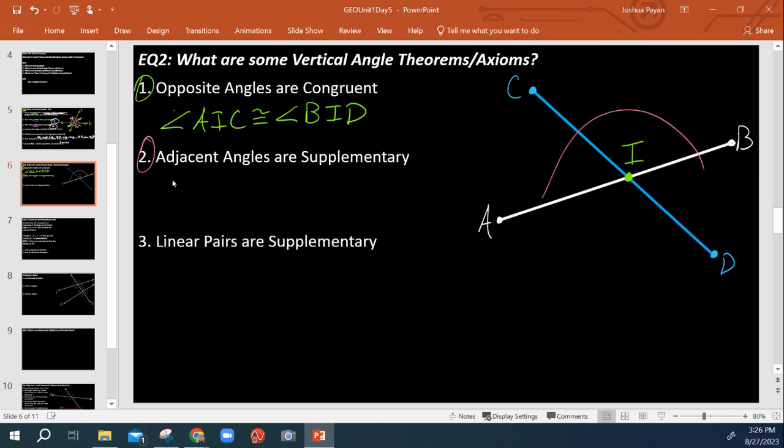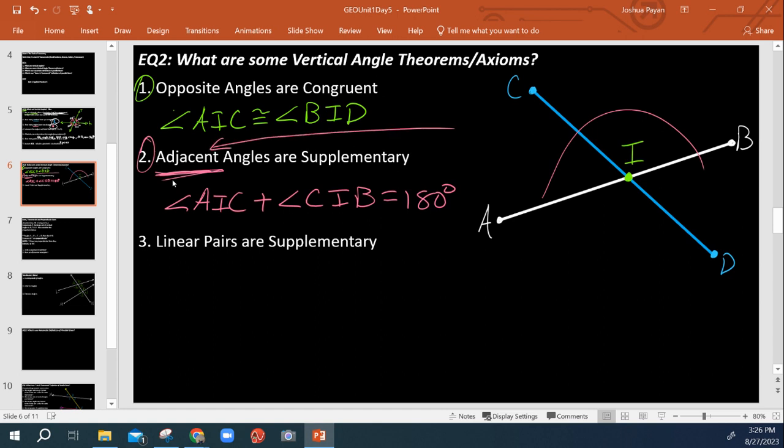So that just means angle AIC plus angle CIB are going to always equal 180 degrees, right? And real fast, let's touch on something that I didn't really touch on in the first video. Adjacent means near or next to, just FYI.